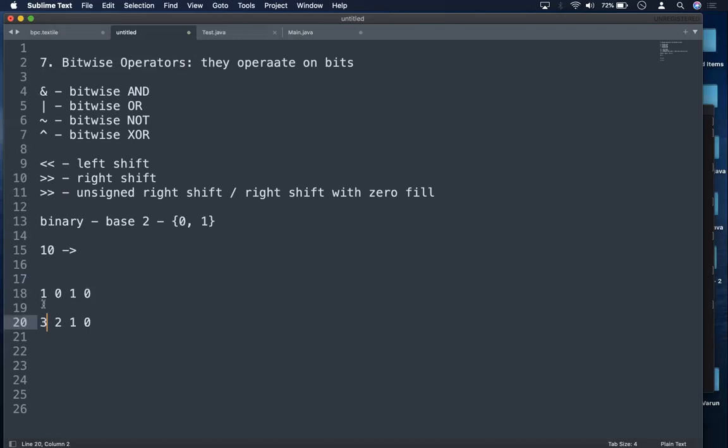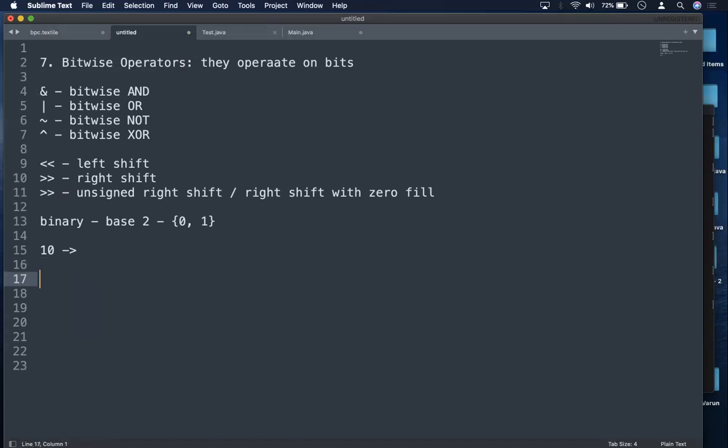So what is 2 cube? 2 cube is 8, right? And this bit is set. Set means the information is available. 1 means information is there, 0 means there is no information, right? And this one is available, and it is 2 power 1, right? So 2 power 1 is 2. So now just add them. So 8 plus 2 is how much? 10. So this is how you have to do it. Okay, so now let's try for a bigger number.